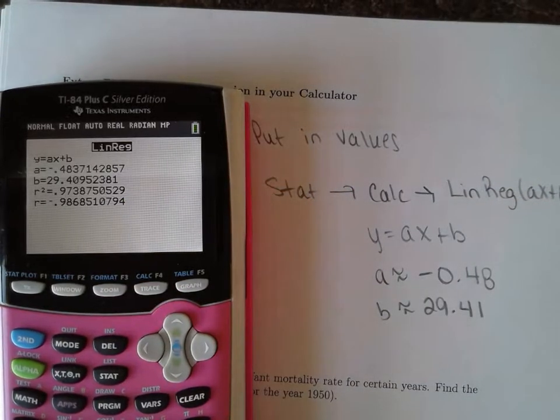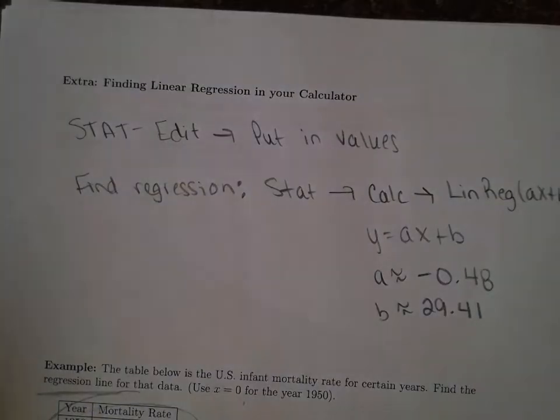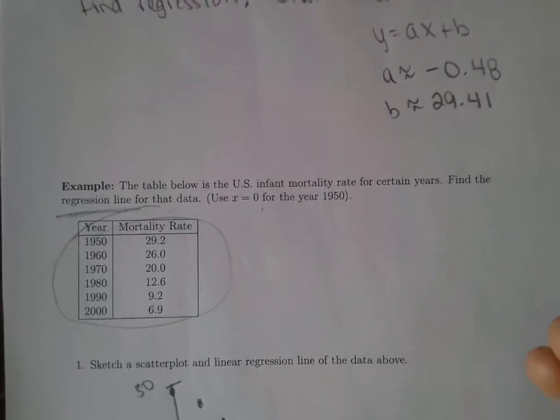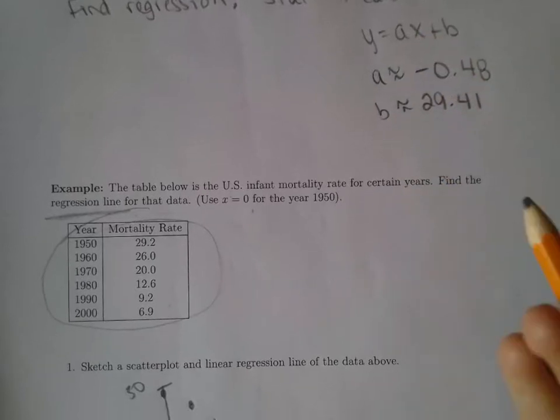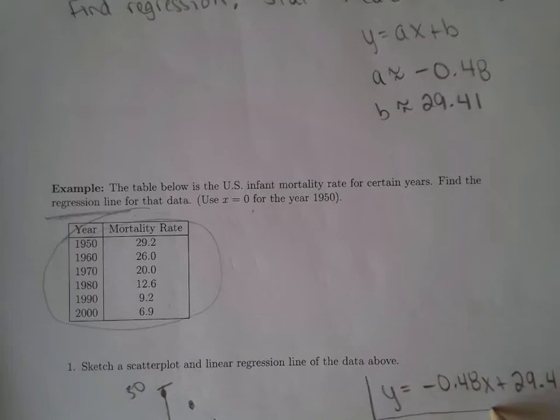Don't worry about that for the SAT. You don't need to know that. That's just a way of telling you how accurate the line is. So there's our regression line for this data. I'm going to copy this down here, except I'm going to write it in y equals form. So y equals a, which is negative 0.48x, plus b, which is 29.41. So there's our regression line.